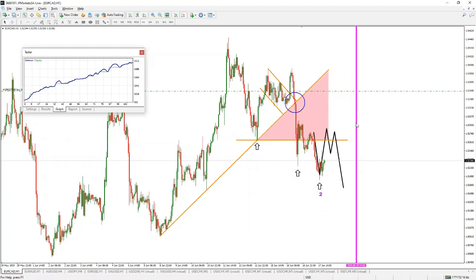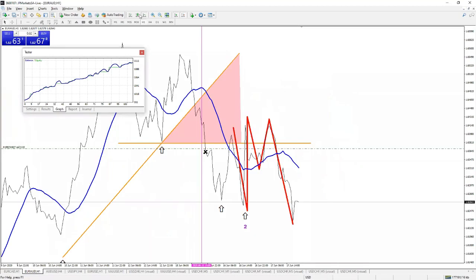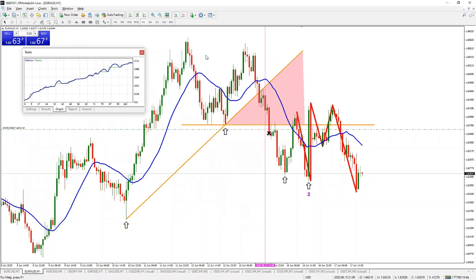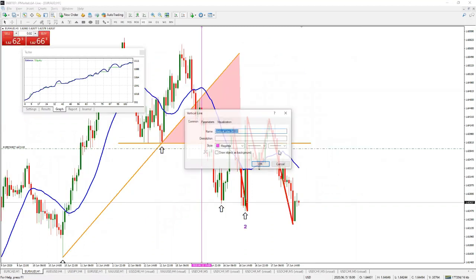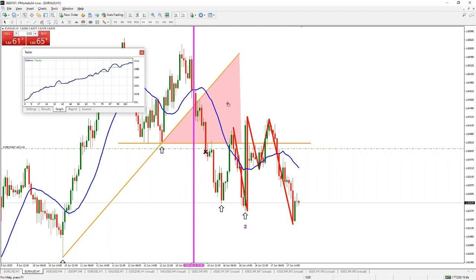What time did this happen? Let's capture the time. If I put my purple line there, it tells me the time. This happened on Monday, the 16th at 3 p.m. So if you go to AUD USD, which is our leading indicator, what time did it break out? If we go to the same chart, put the same purple line on the 16th at 3, you'll notice that it hadn't broken this area.